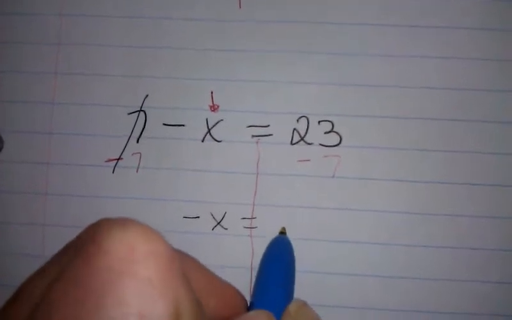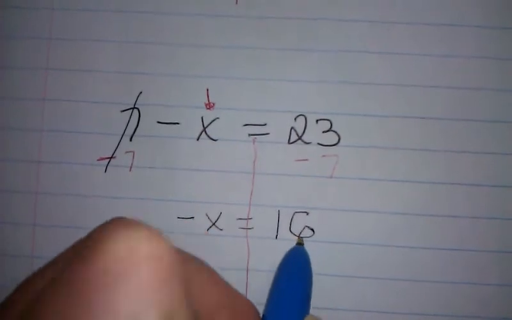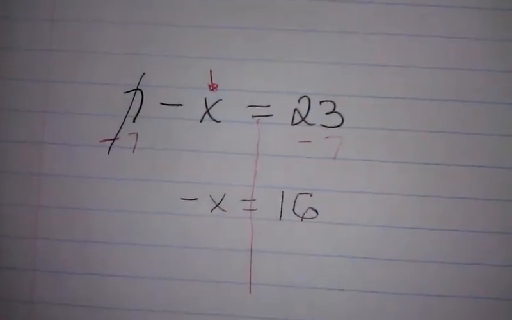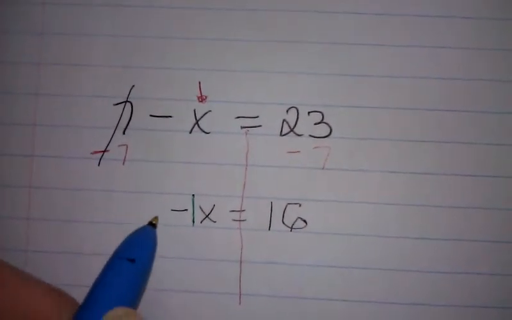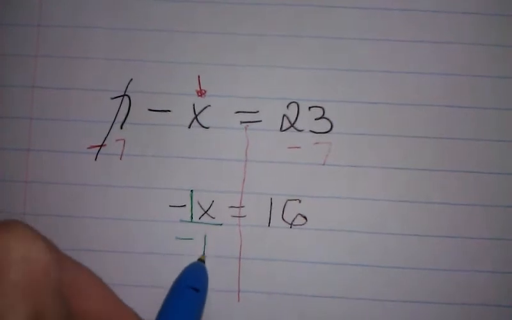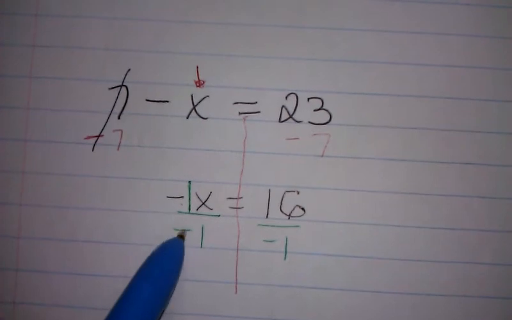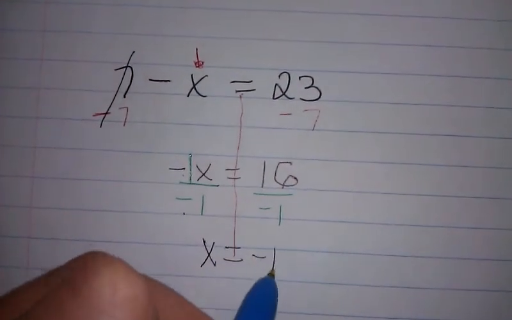What is that? That is 16, right? Yep, 16. Now it says negative x, or it's like a negative 1x. So I'm going to divide each side by negative 1. And a negative divided by negative is a positive. 16 divided by negative 1 is negative 16.